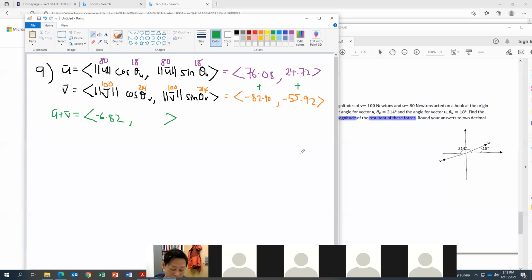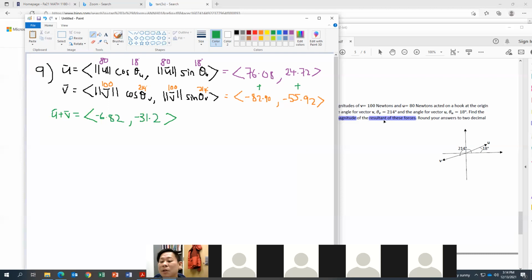And then you add this one too, 24.72 plus negative 55.92. Oops. So very heavy on calculators on this, negative 31.2.